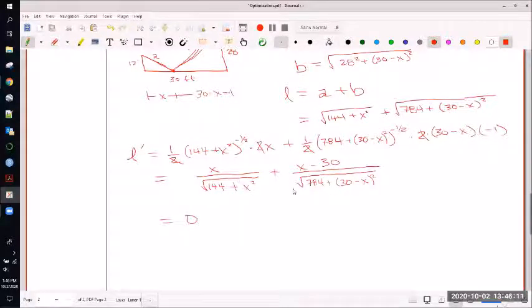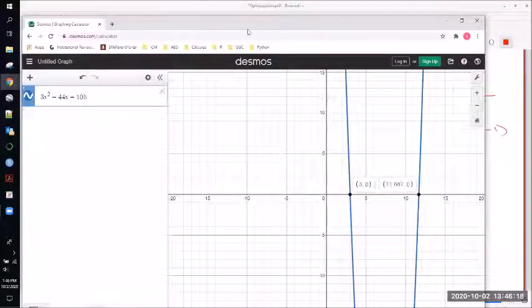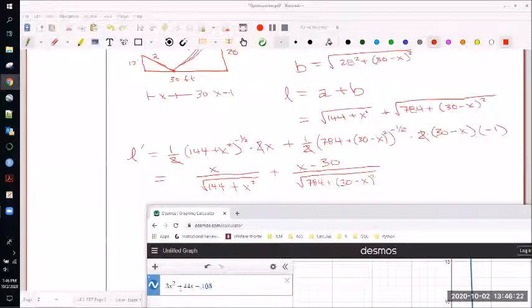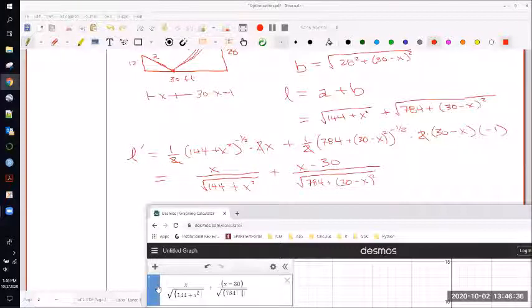This is a tricky one to try to simplify by hand, so we'll again go ahead and use Desmos. Let me bring my Desmos back up, and now we'll just plot this. So I'll have x divided by the square root of 144 plus x squared, plus x minus 30 divided by the square root of 784 plus 30 minus x squared.